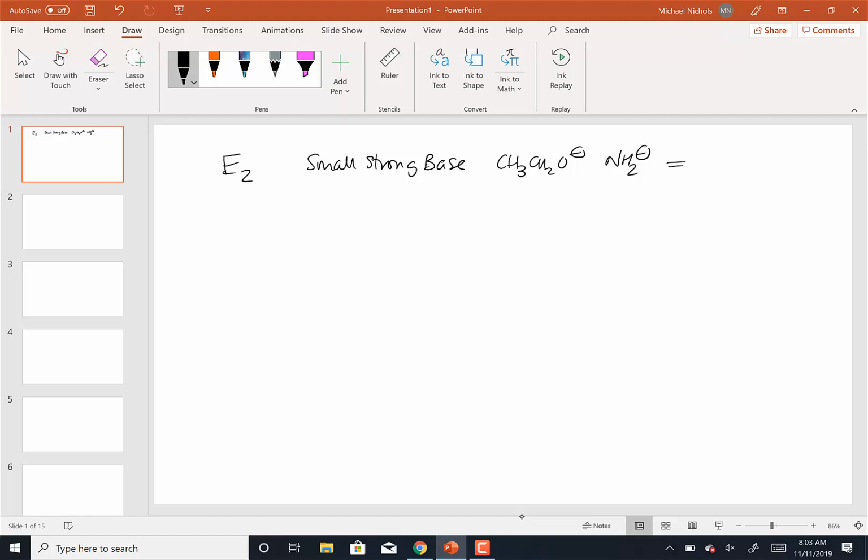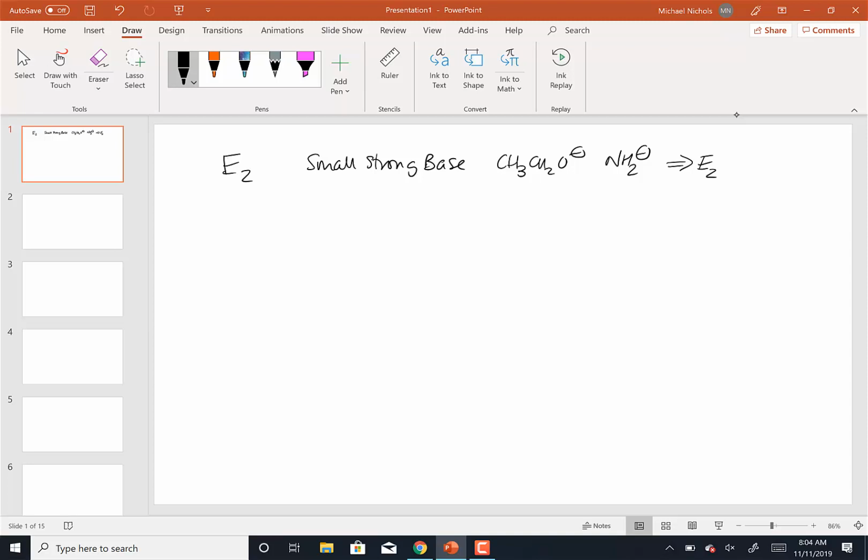That is always going to, first of all, these are always going to do E2. Whenever you see those bases right now, they're always going to do E2. That's what they're going to do. And so if they're going to do E2, which product are they going to form? Well, we have an issue.